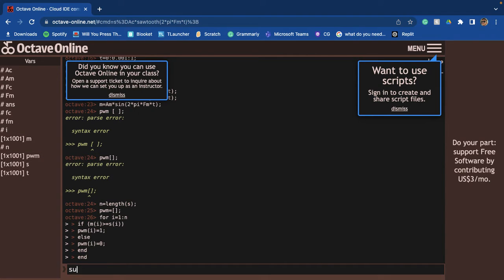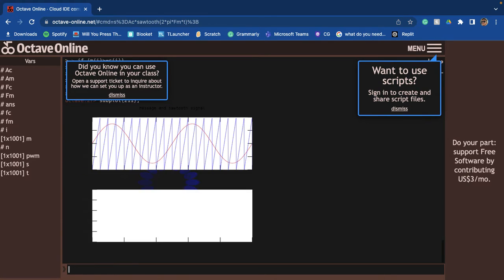Now the plotting part is left. Subplot 2, 1, 1. I'll have just 2 graphs. In one graph, I would like to have both the modulating as well as the sawtooth. So I'll use the command plot. I like to plot both of them together, t comma m in red color, and t comma S in blue.